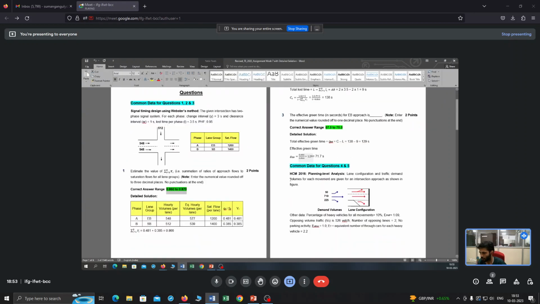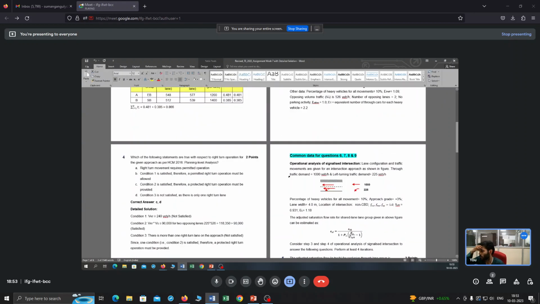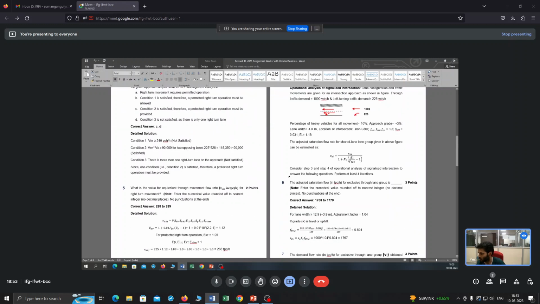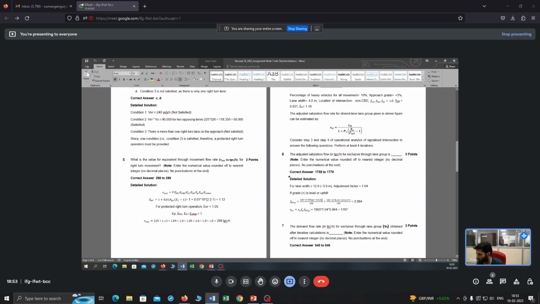If you can go here, you see this is the adjustment factor formula. So you have to calculate what is the EHV using this formula, right? It will come out to be 1.12, right? So once you calculated 1.12 for protected right turn operation, your ER is given as 1.05 and this is given as this.